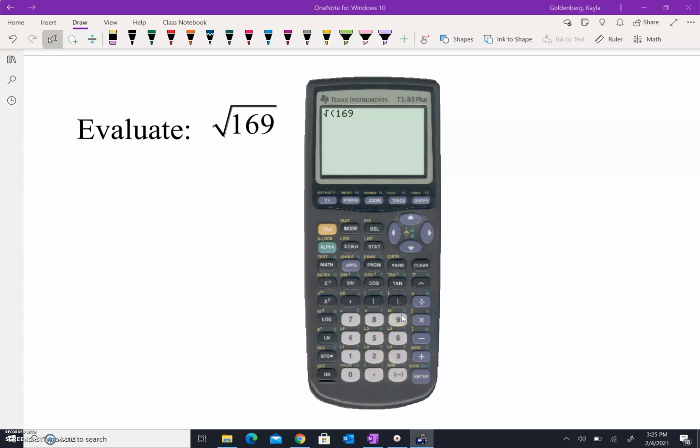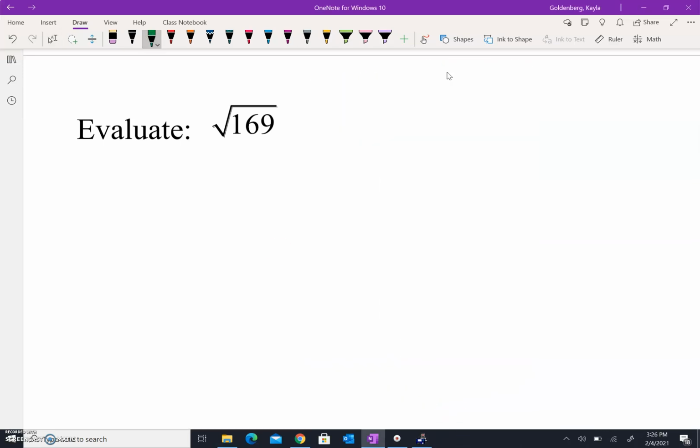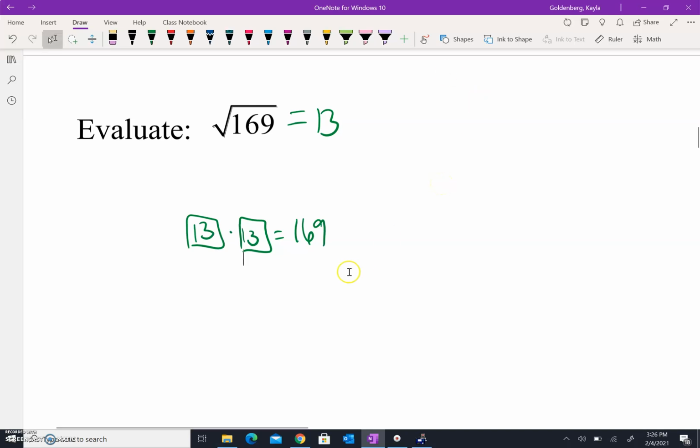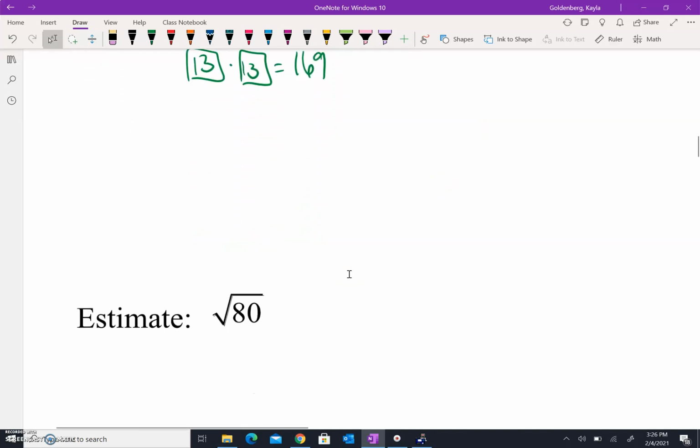If you've got a scientific calculator, like one of the smaller ones, this is a graphing calculator, yours probably has a similar way to get the square root button as well. Notice this one comes out cleanly as 13. So the idea is what number times itself is equal to 169, right? That's the same idea of what a square root is, just in different words, and it turns out to be 13. Okay, so just practicing square roots.